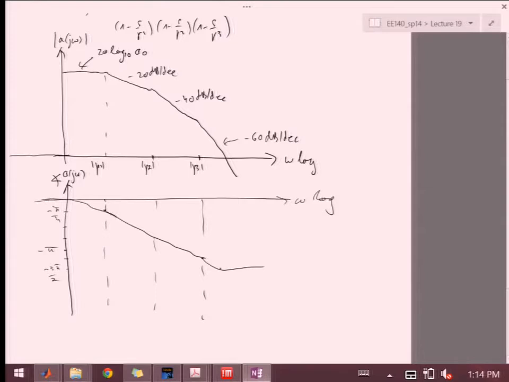And here we go down something like this. Okay, so that was our phase characteristics.